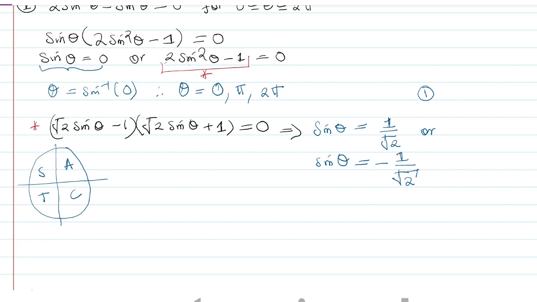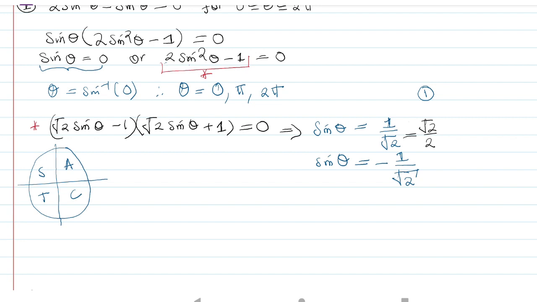Now we have sine theta is equal to 1 over the square root of 2. You can rationalize this, and this is just the same as the square root of 2 over 2, by multiplying by the square root of 2, both the numerator and the denominator.